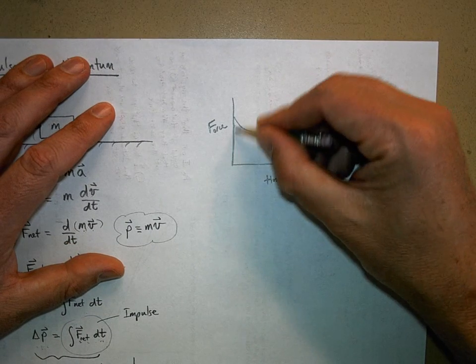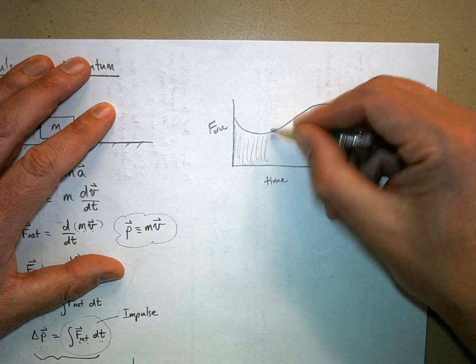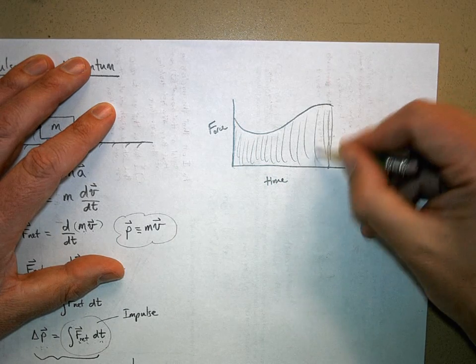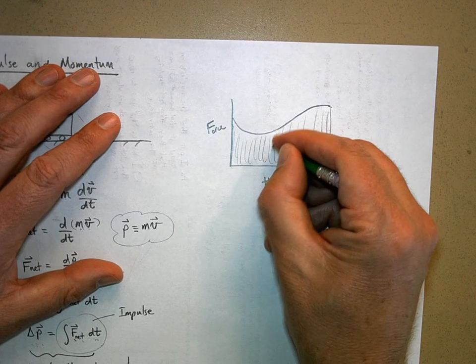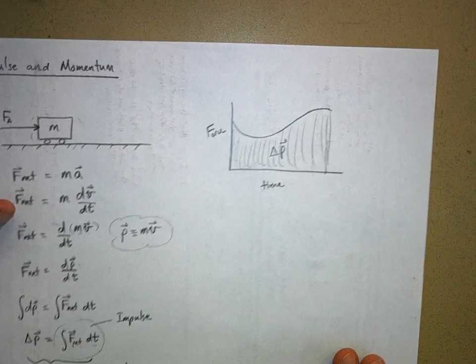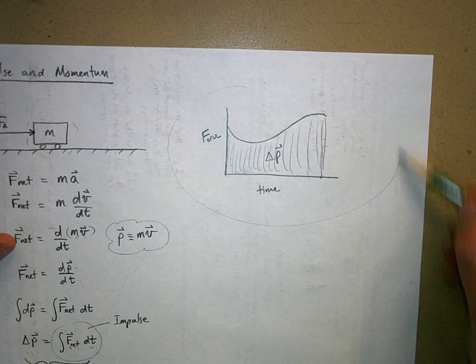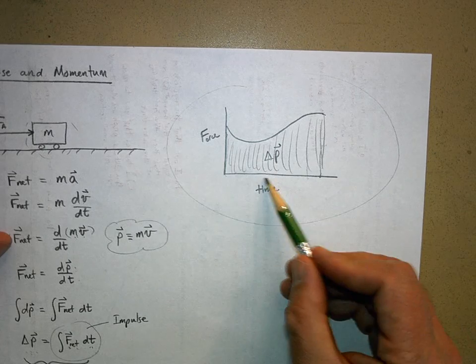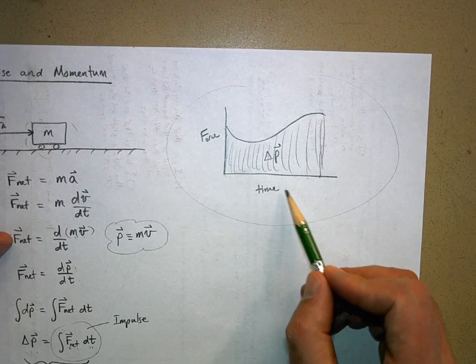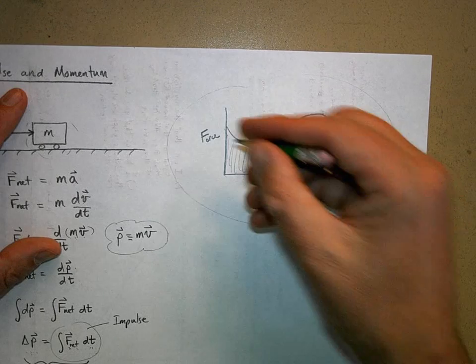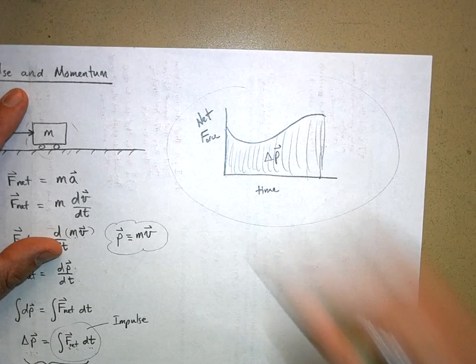Well, that means the area underneath this graph represents my change in momentum. This is a really handy little diagram to try to understand. Force times time. The area underneath a force versus time graph gives you the impulse to the object. And remember, this has to be net force.